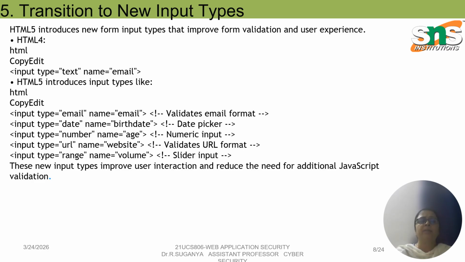If you want to add buttons or fields, we use input type equal to email, and we can give the name of that particular type. The new input types improve user interaction, mainly for user experience and form validation.